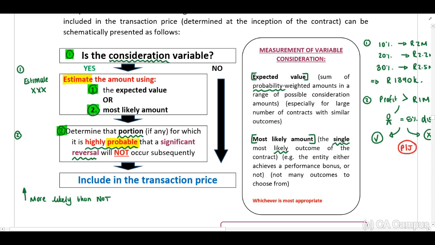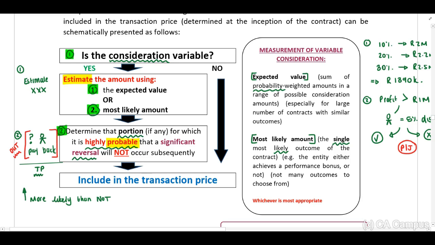Step number 2, we need to determine what is the amount that we will have to refund, pay back to our customer. And this amount we need to take out and deduct. And the remaining balance will then be our transaction price that we can recognize.